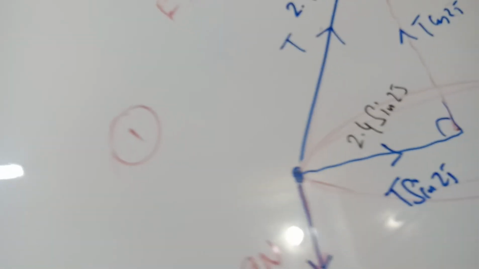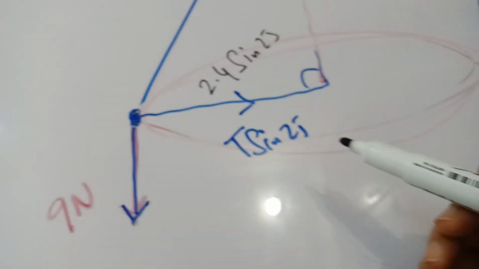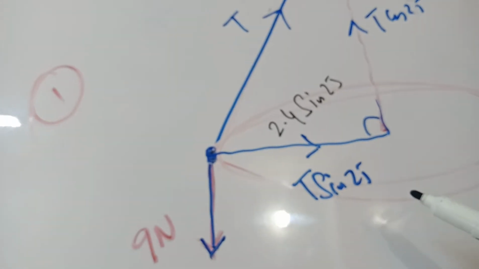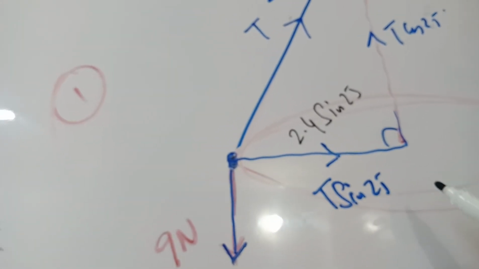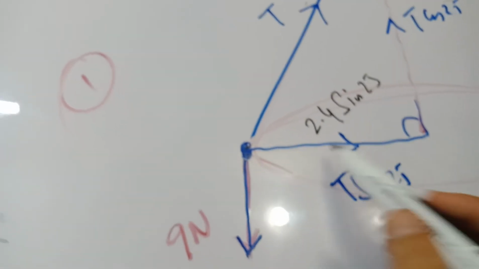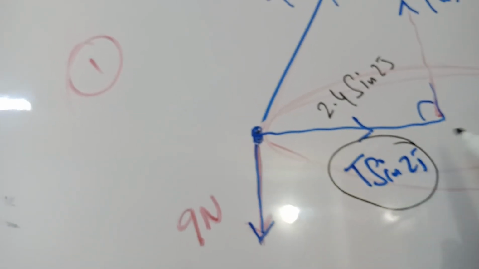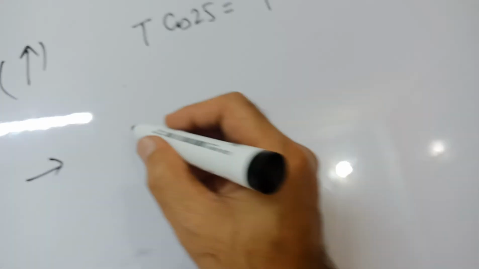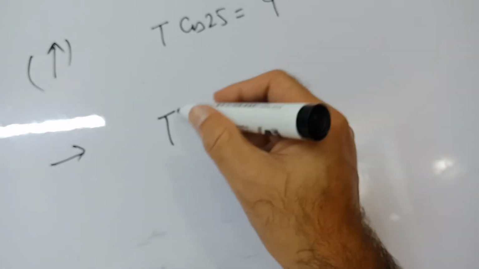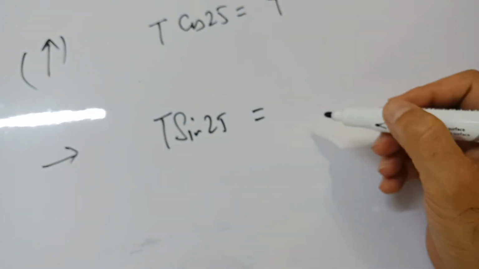Since there is horizontal circular motion going on here, I'm going to apply F equals ma. The net force is T sine 25, so T sine 25 equals ma.